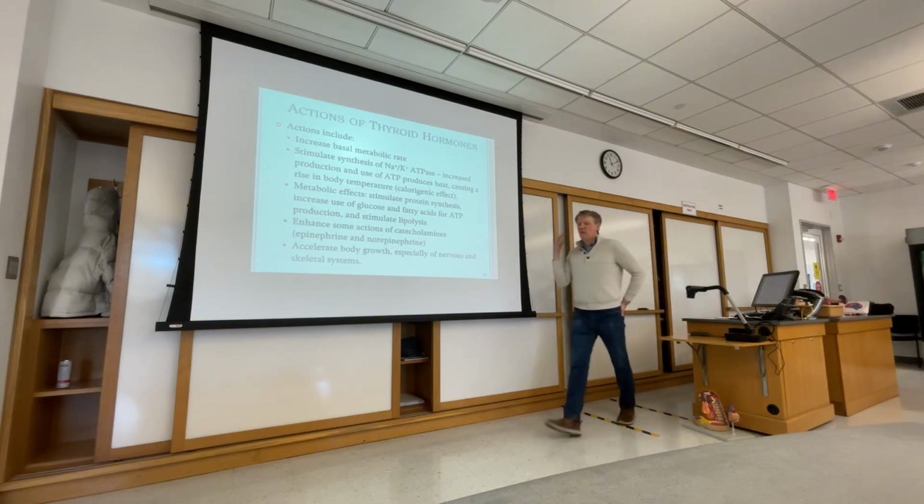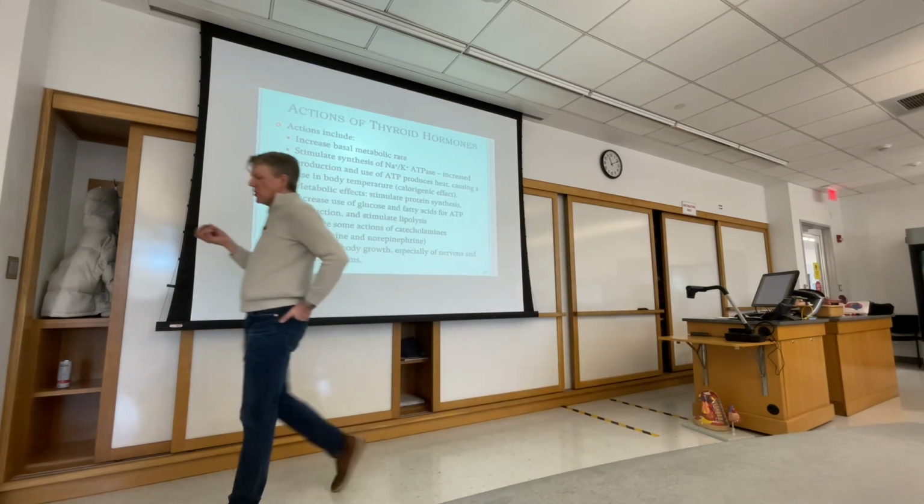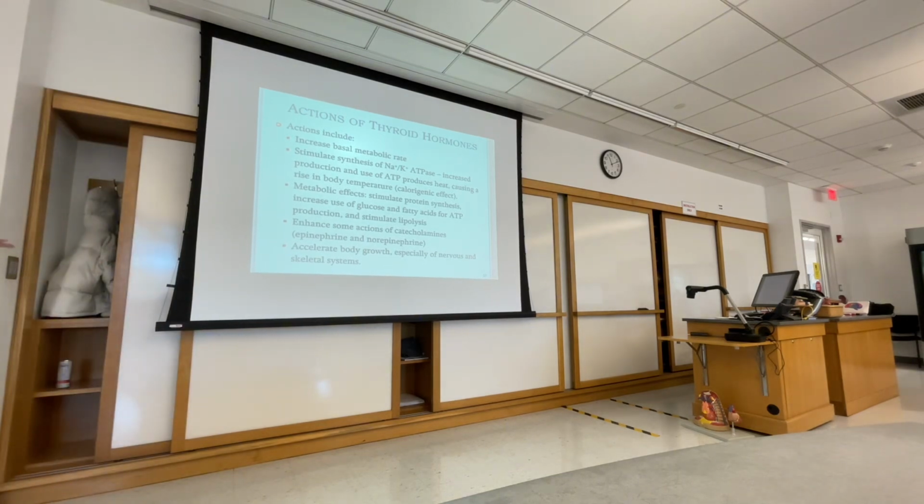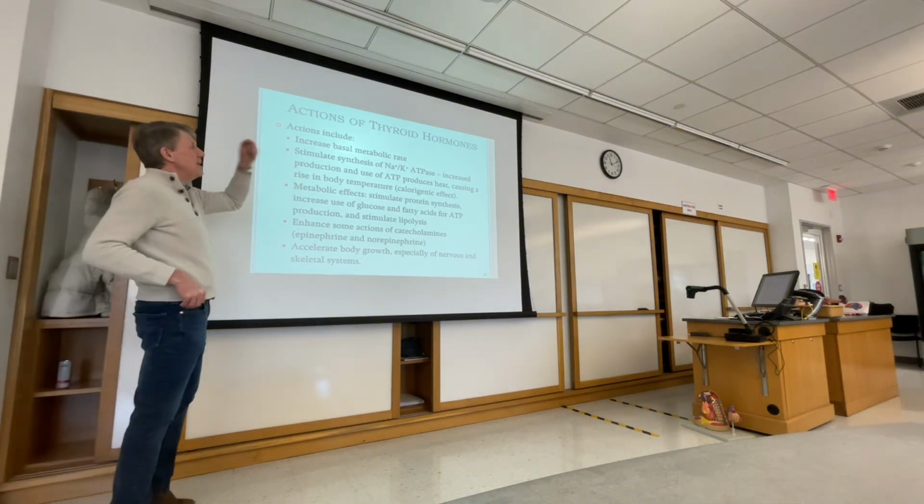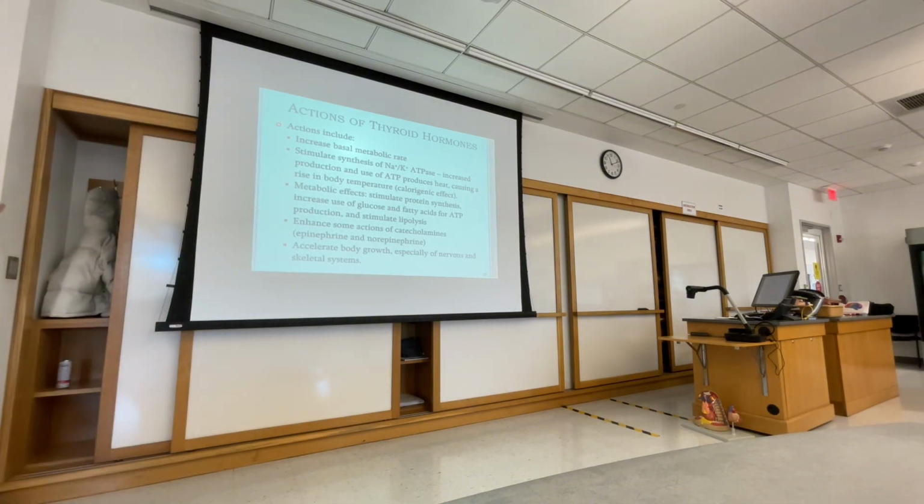So what do T3 and T4 do? What are the actions of the thyroid hormone? Really to increase the rate at which your body cells undergo chemical reactions, the rate that they burn glucose and make ATP, okay? So it really jacks up what's called the basal metabolic rate, makes it a lot faster. It stimulates the synthesis of the sodium-potassium pump, which is also known as the sodium-potassium ATPase.